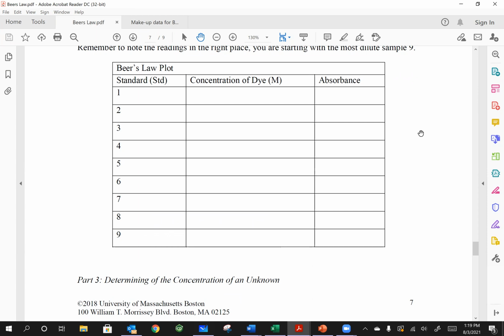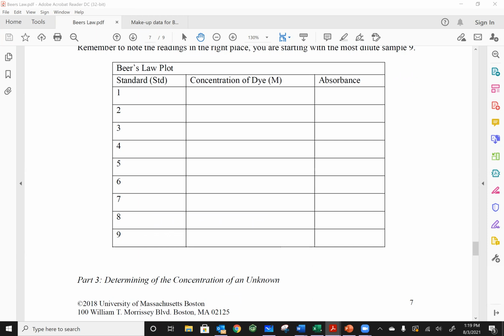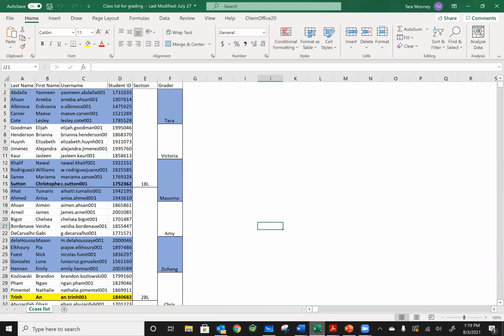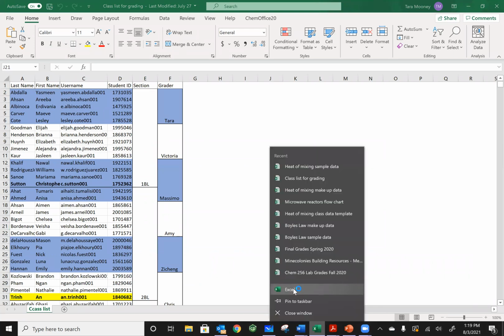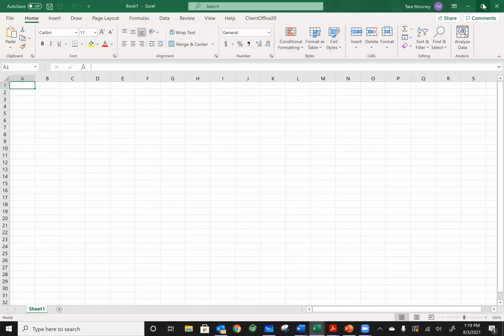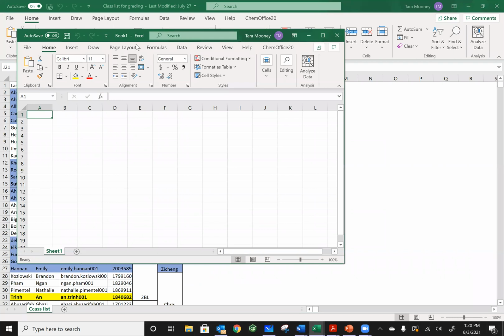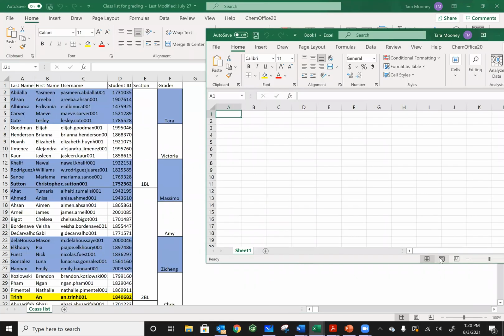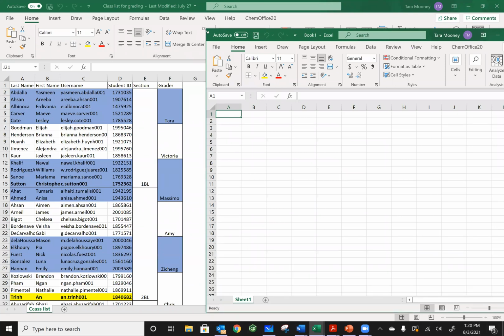I'm going to bring up Excel. Everybody, if you want to bring up your own Excel, we can do this together. Okay, so we need to do concentration versus absorbance.